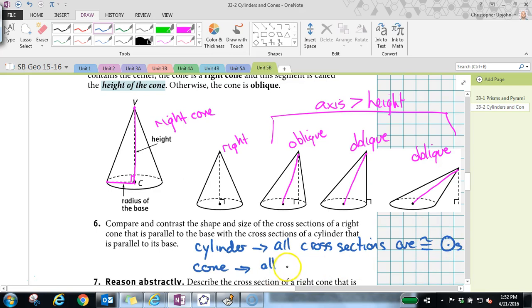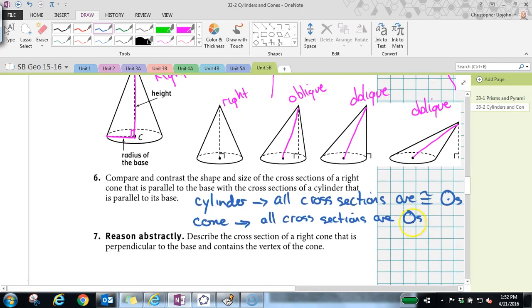In a cone, all cross sections are circles, but decreasing in size as we reach the vertex.